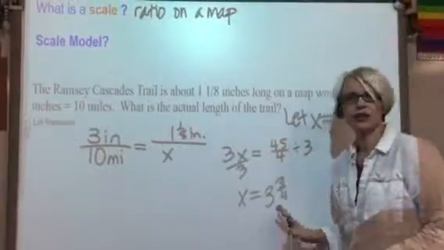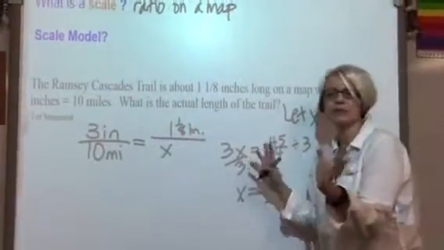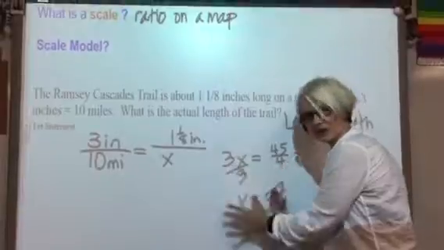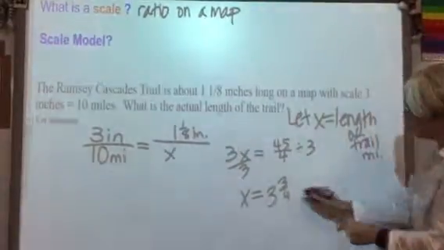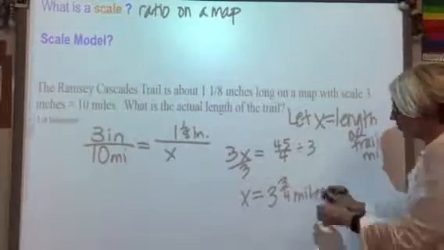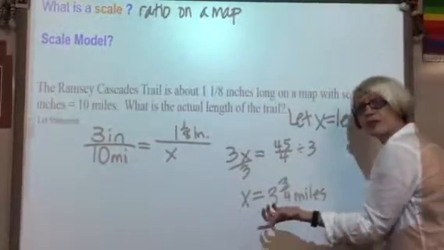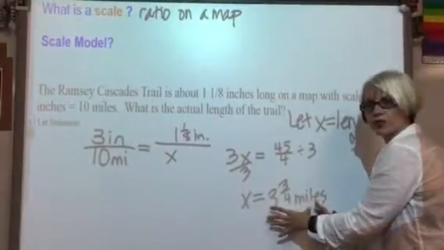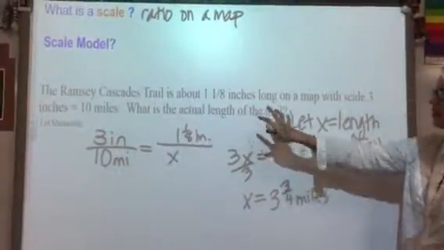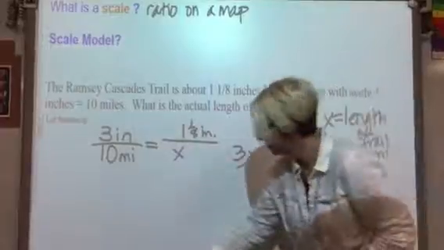You can try that on your calculator with me, because I'm doing my calculations already, so if you want to look through that and see how it makes sense, please do so. The label here would be miles, and 3 3/4 miles makes sense, or 3.75 miles, either one would be fine, and so that's the actual length of the trail. So you try a scale problem in your notes.